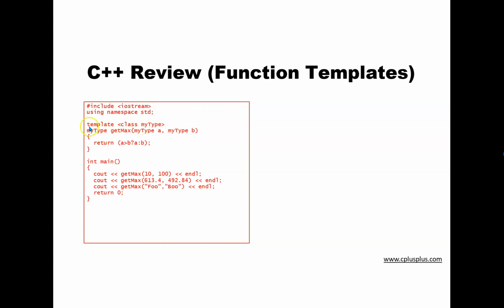So, for example, we'll have this function template with a class type of myType, and it takes a parameter myType for its parameter, and we return if A is greater than B, return A, otherwise B, and as long as greater than is defined, this will work, and it takes these values and infers them and says to these, instead of this being myType, use integer, in this case use float, etc., and it generates duplicates of them.